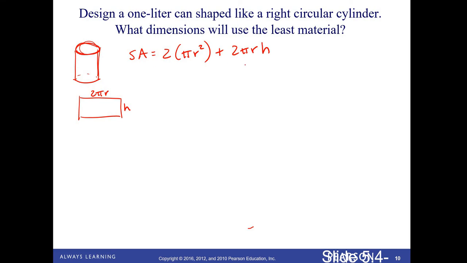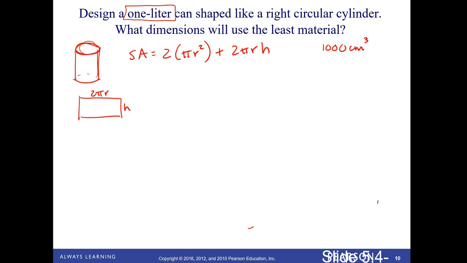My problem is that I have two variables here, radius and height, and I really want to get this down to one variable. So I need to use the fact that this is a 1-liter can. So a 1-liter can is 1,000 cubic centimeters.